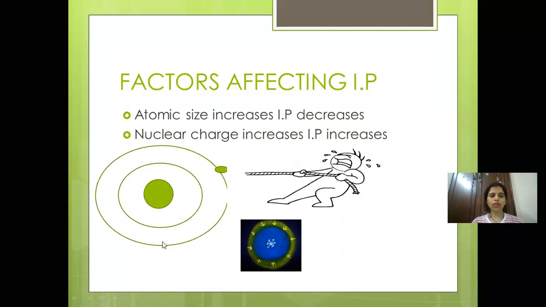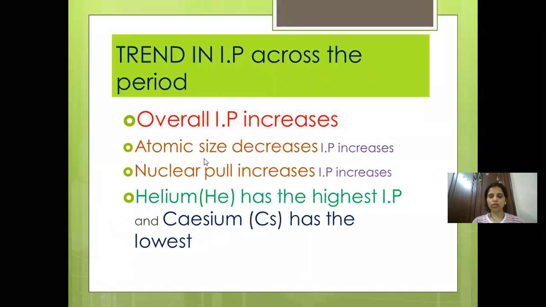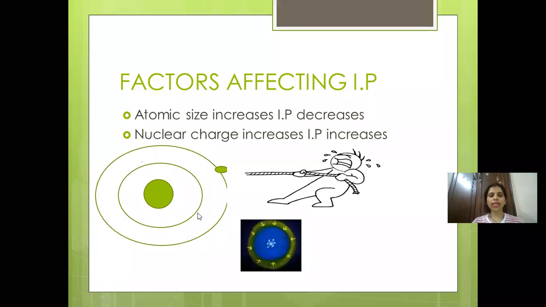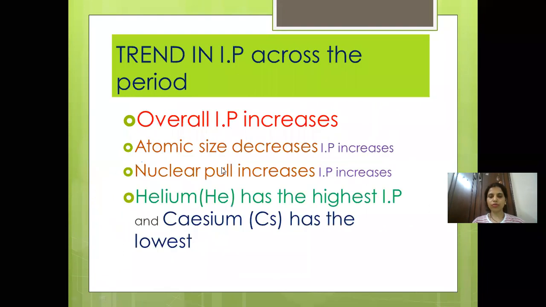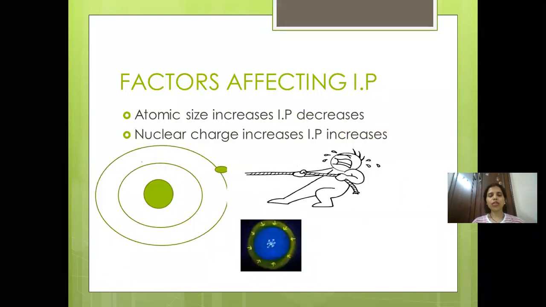Suppose I remove this particular outermost shell, and this electron which is over here is brought over here. We are going to talk about this electron. Now the electron is over here.